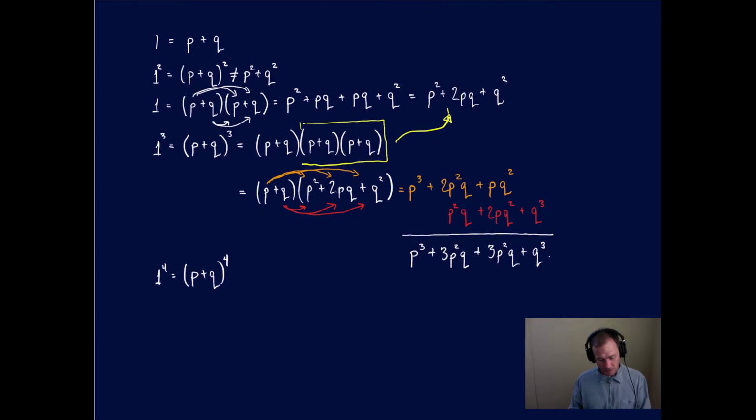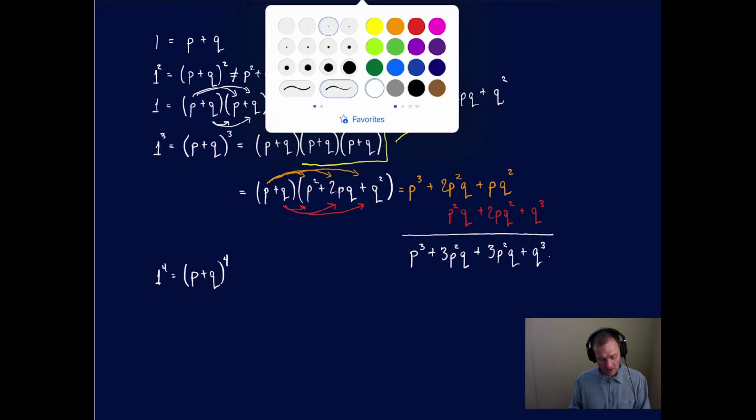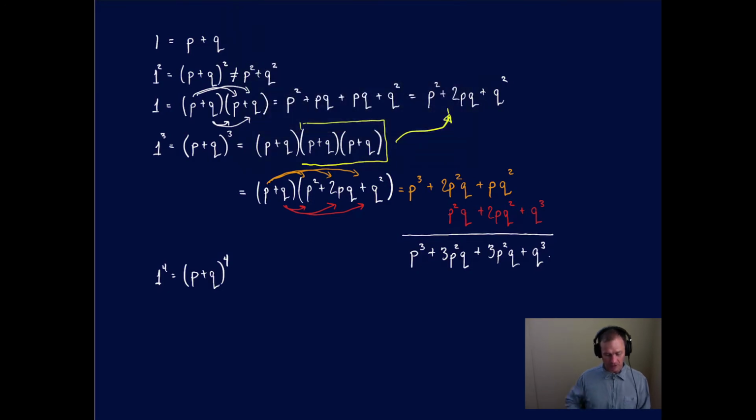I'm going to start the pattern with 1 equal. Oh wait, before I do this, notice this. Even on the left-hand side, it doesn't matter what power you raise 1 to, the answer is always 1. So what this is telling us is that after we distribute all the p's and the q's and we get all these numbers, it's still a probability distribution.